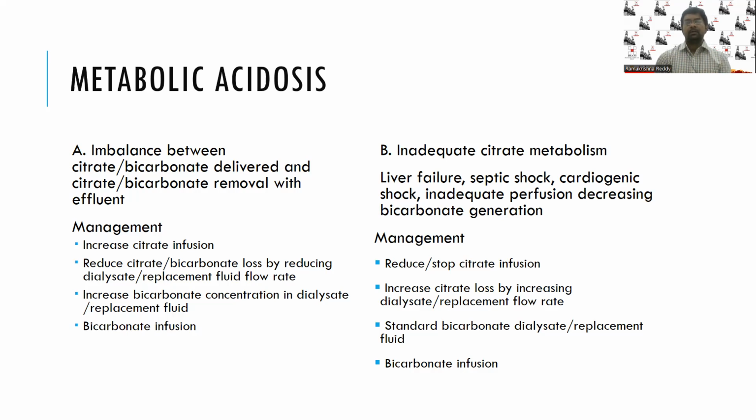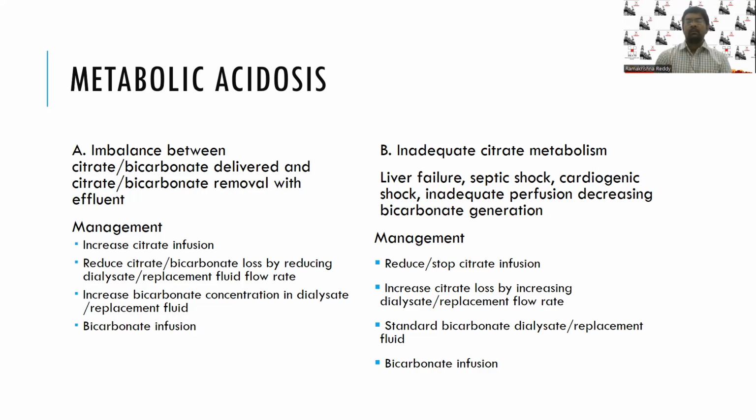At the same time, reduce the citrate or bicarbonate loss by decreasing the dialysate or replacement fluid flow rate. Or you can administer exogenous bicarbonate infusion, where you can give a separate infusion, not only in the circuit, but systemic administration of bicarbonate.